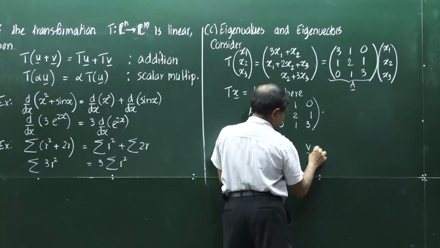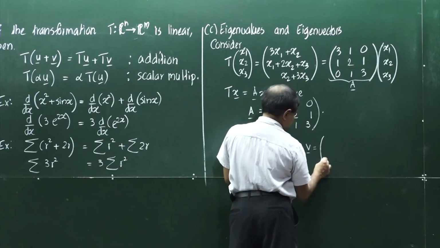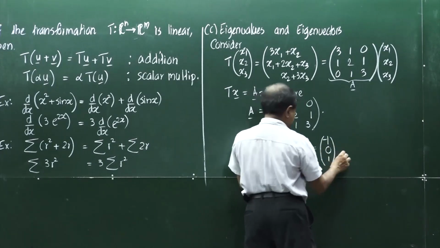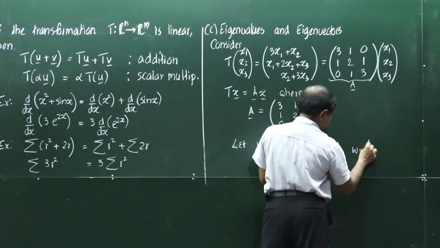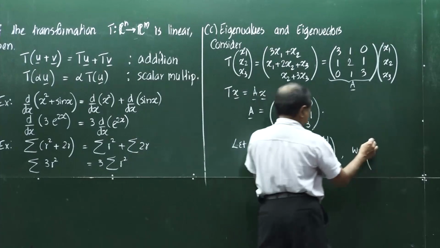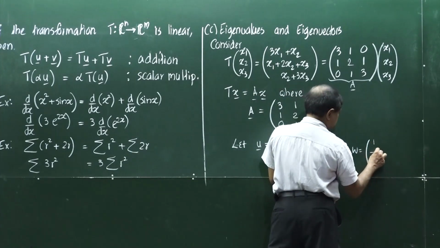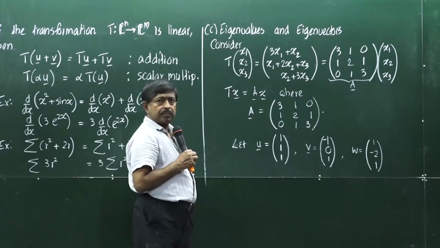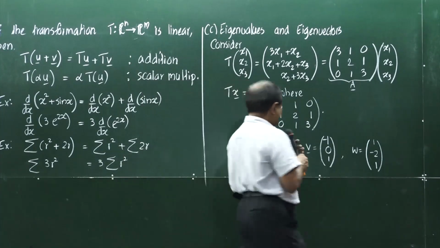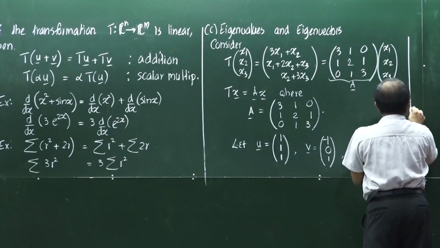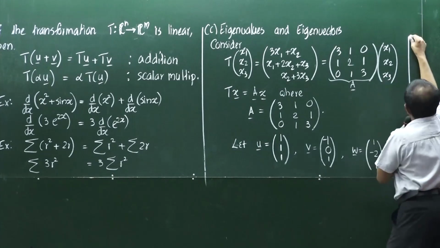V, I would say 1, 0, minus 1. And W: 1, minus 2, 1. Right? Then, I will take AU.